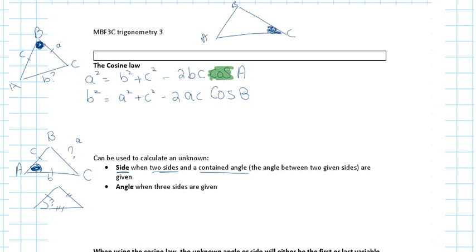They have to give me side B, and they have to give me side A. And I'll be looking for side C. And my formula would be C squared equals A squared plus B squared minus 2AB cosine C. It always has to be your letter here, the side and the angle correspond to each other.